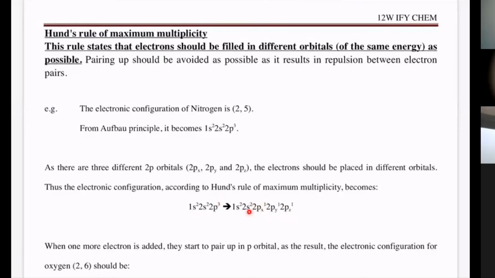If we put them in the same orbital, they're going to repel each other. So here it says pairing up should be avoided as much as possible as it results in repulsion between electron pairs. So when possible, we try to separate them.